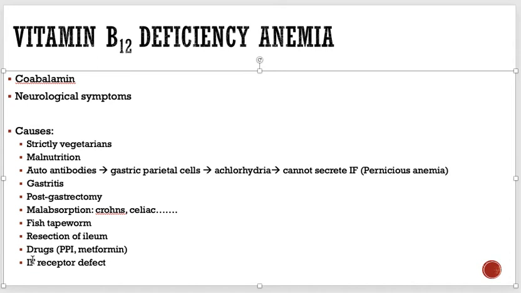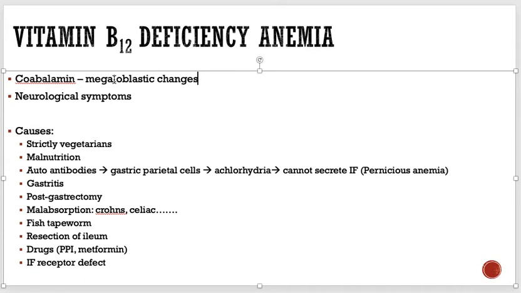Now, as we are discussing vitamin B12 deficiency anemia, one important thing to mention here. I told you that this is an anemia which gives megaloblastic changes. So simply remember, vitamin B12 deficiency anemia is the anemia in which you will find megaloblastic changes.